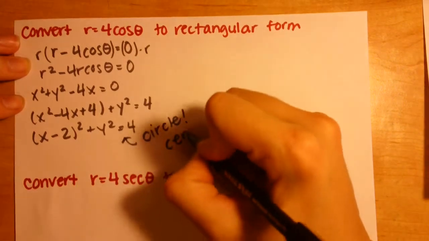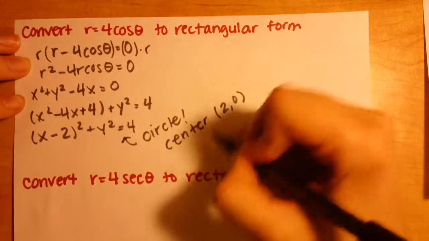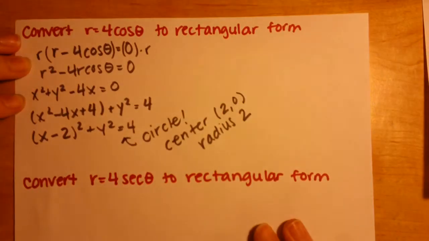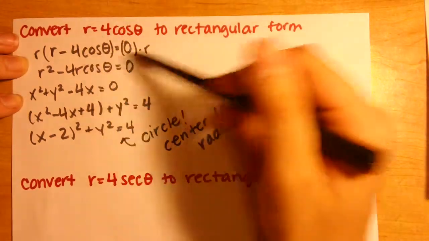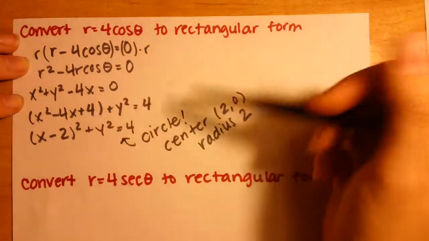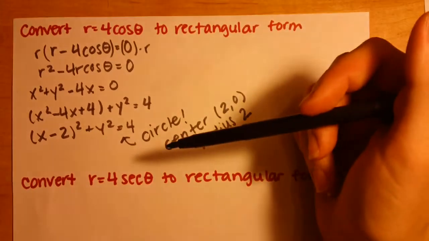And its center is at 2, 0, and its radius is 2. Alright, so we converted this polar equation to rectangular form, and a lot of times you'll see that the rectangular form, when converted to polar, is in fact a circle.